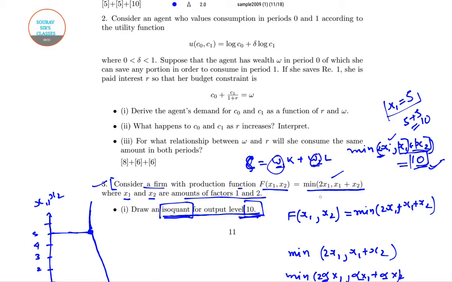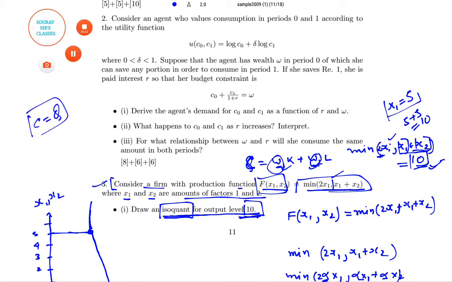So basically it will be equal to the function, that is Q, because it will be the same. So from here, when the input prices are equal, we get C equal to the quantity. Here, as you can see, C will be equal to Q.